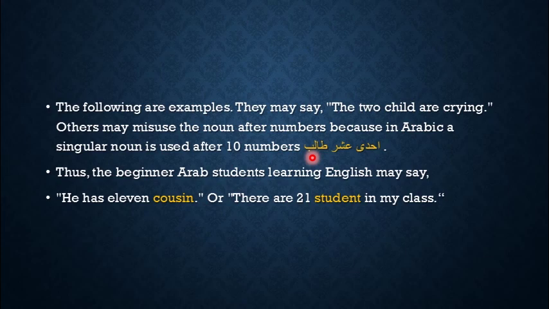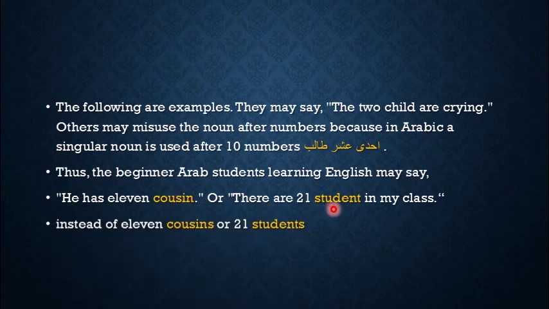"There are 21 student in my class" instead of "there are 21 students in my class." These are incorrect forms. These are the mistakes that the Arab learner would probably make, instead of 11 cousins or 21 students, which are the correct English forms.